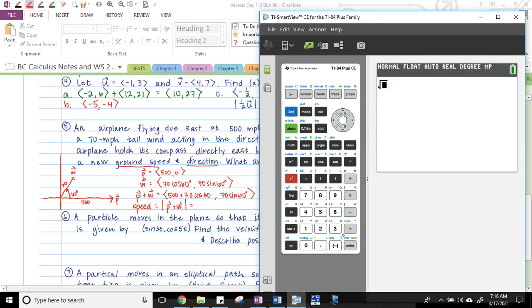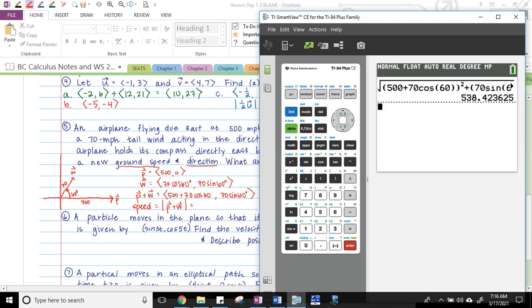It's the square root of 500 plus 70 cosine of 60, that gets squared, plus 70 sine of 60, that gets squared.